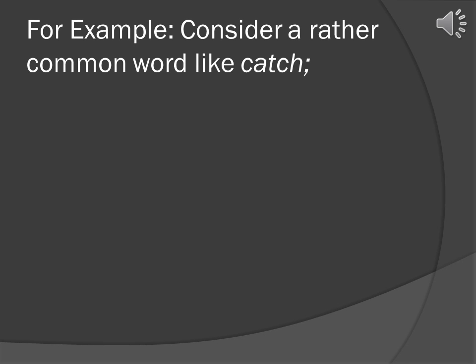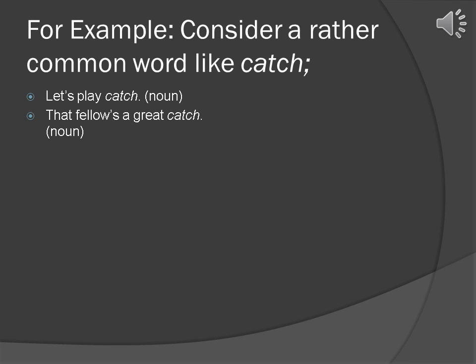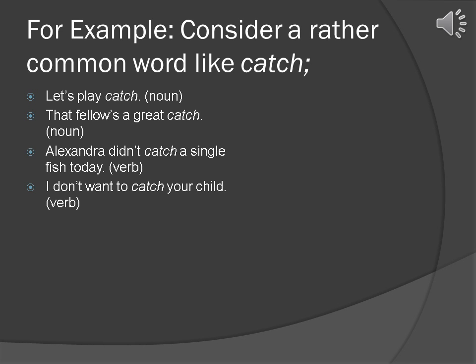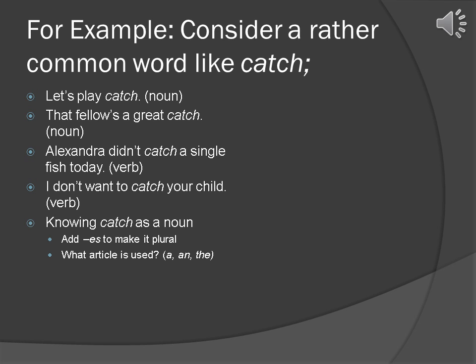For example, consider a rather common word like catch. Let's play catch, and that fella's a great catch, are both used in noun form. Alexander didn't catch a single fish today, and I don't want to catch your child are both used in verb form. Knowing catch as a noun, you need to know to add es to make it plural. What article is used? A, an, or the?